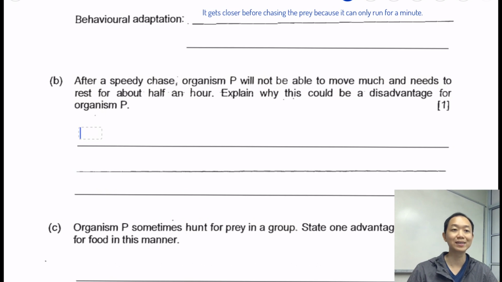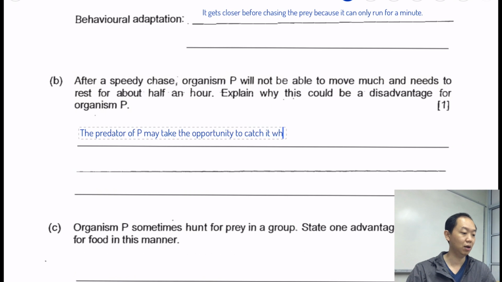What's the problem with not moving? Yeah, so the predator of P may take the opportunity to catch it while it is resting. Okay, because it cannot run.